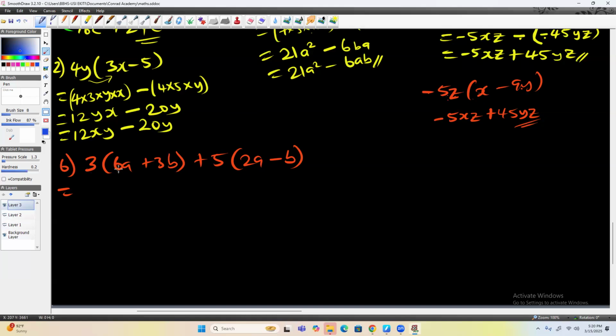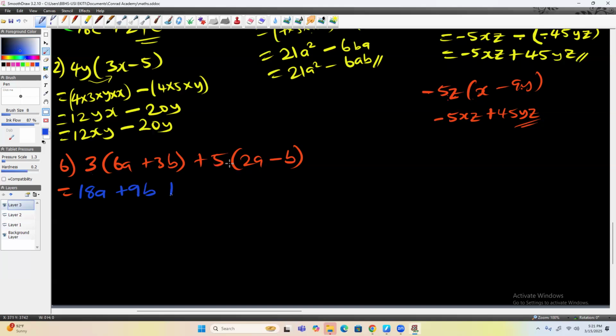So 3 times 6a: 3 times 6 is 18, then the a is there, 18a. Plus 3 times 3b, which equals 9b.